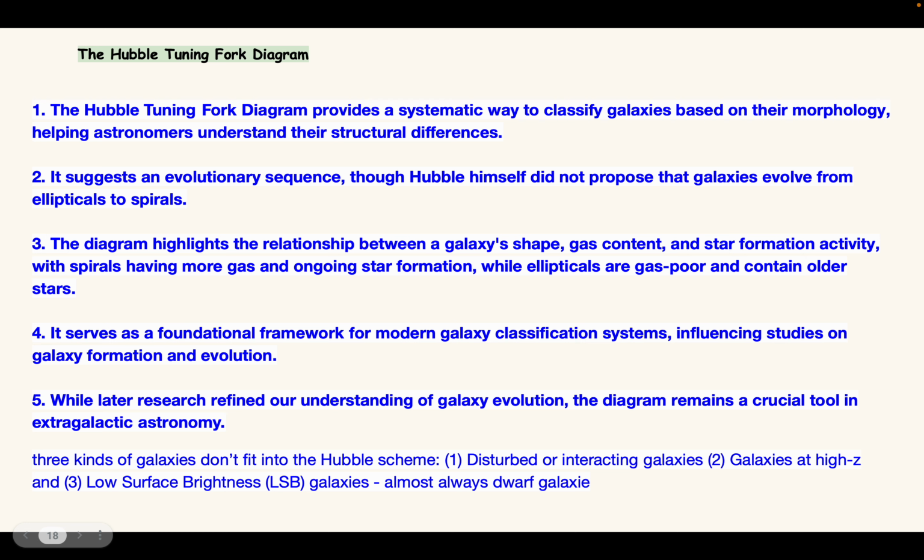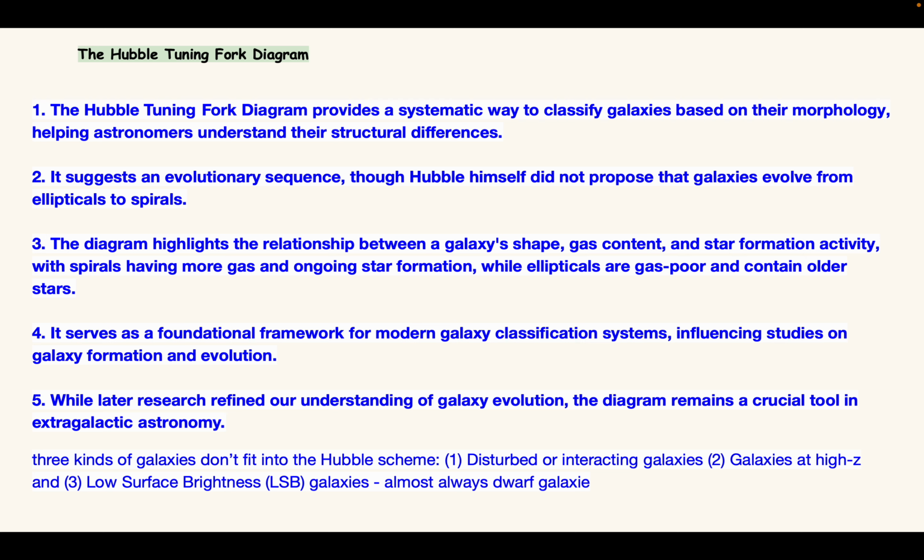So Hubble's tuning fork diagram provides a systematic way to study and classify galaxies based on their morphology. This was the first such sequence for classifying galaxies according to morphology, and it helped to differentiate between the different structures of galaxies.